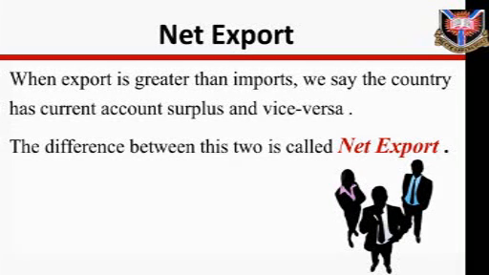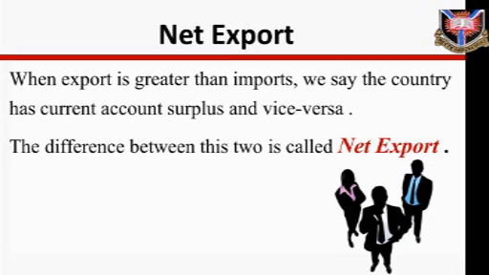When export is greater than import, we say the country has a current account surplus. Conversely, when export is less than import, we say the country has a current account deficit. The difference between export and import demand is called net export.